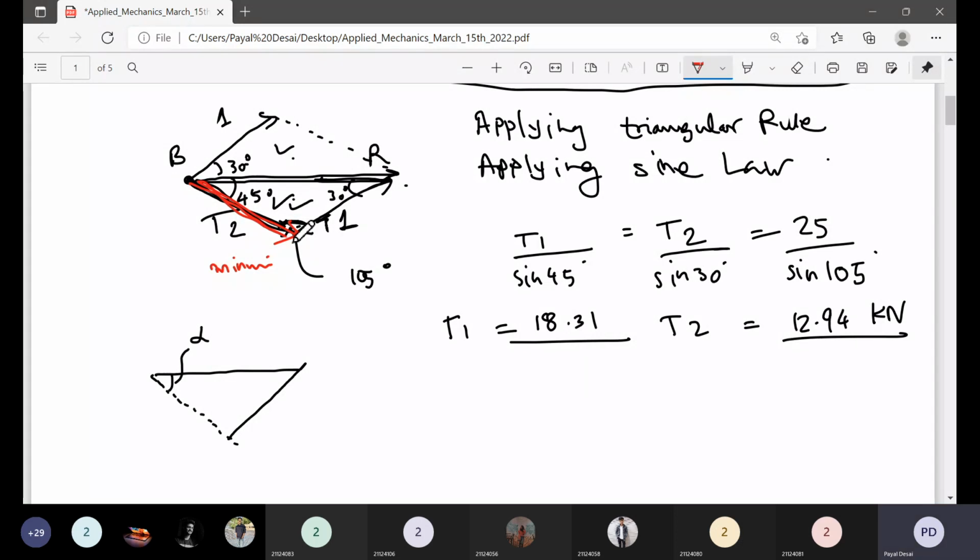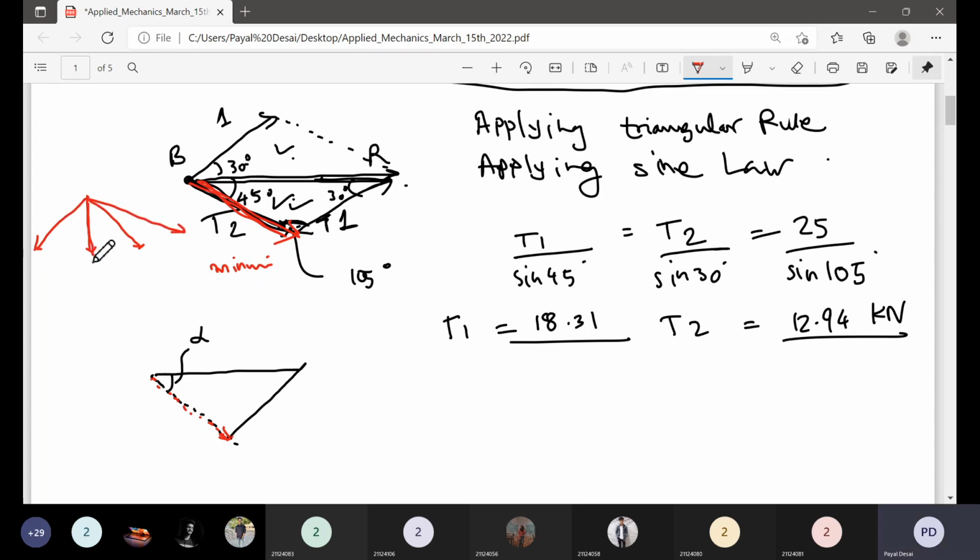So logically, this is a vector, right? This is a force vector, and graphically, imagine if I am having a force like this, and like this.